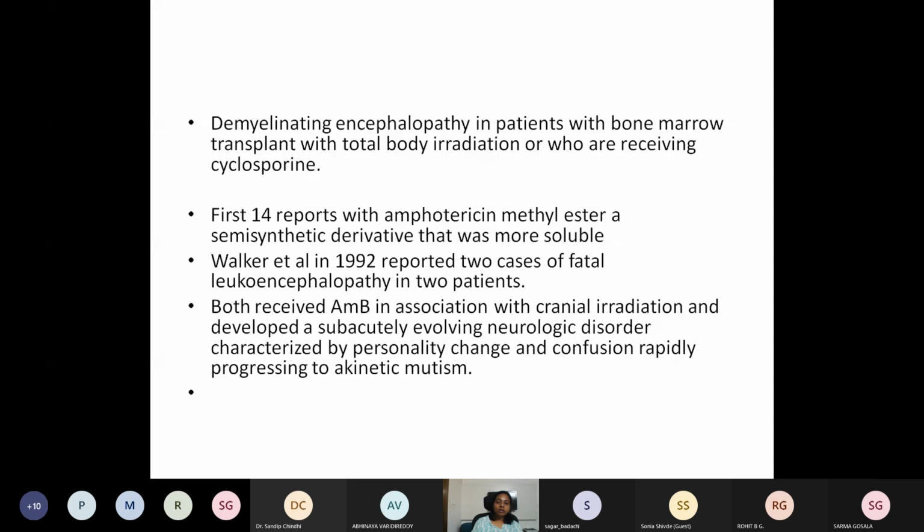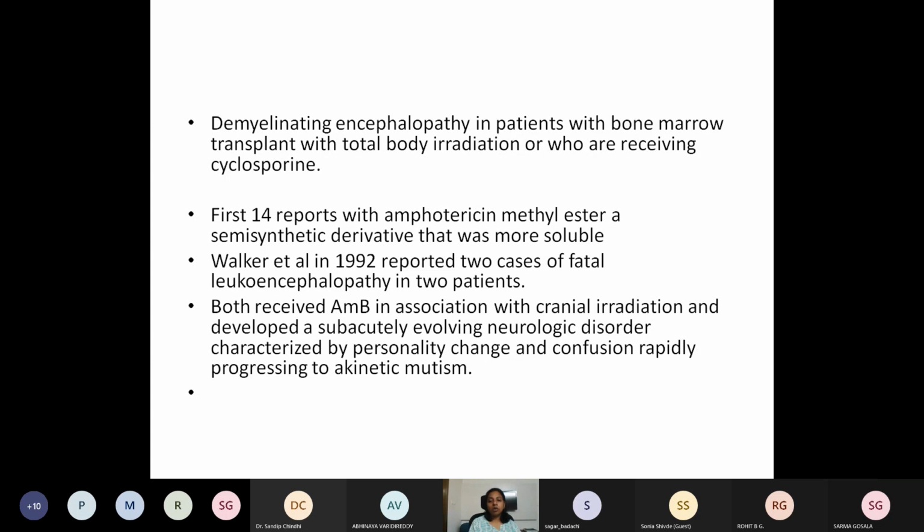There's one interesting side effect that has been identified, especially in the early days. It is a demyelinating encephalopathy, and this has been identified in a certain subset of patients. These were generally hematological patients who had either received a bone marrow transplantation with total body irradiation or who were receiving cyclosporin. This was first identified with a compound called amphotericin methyl ester, a semi-synthetic derivative.